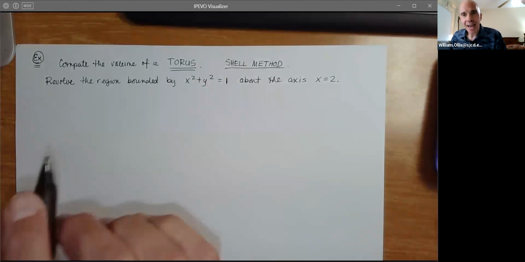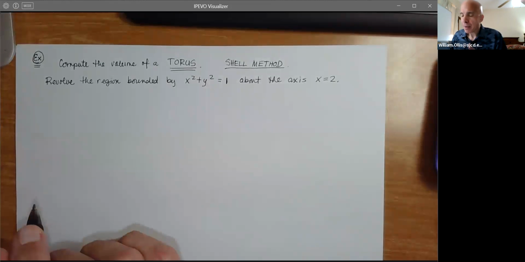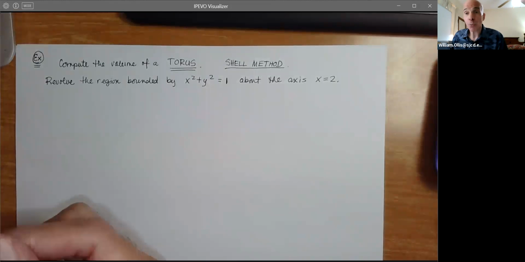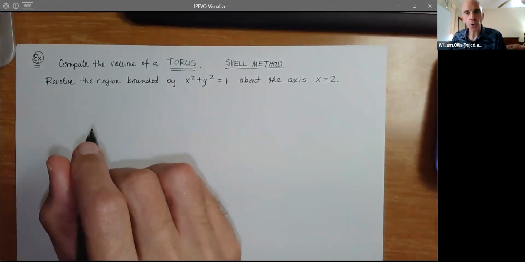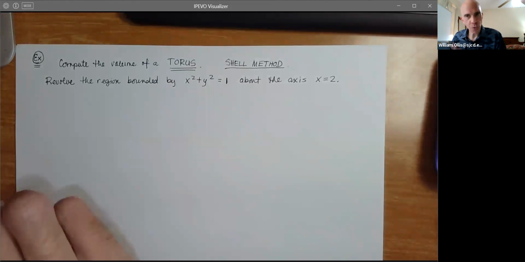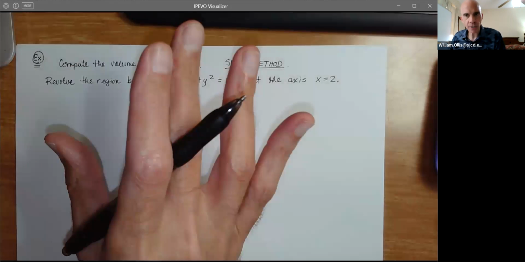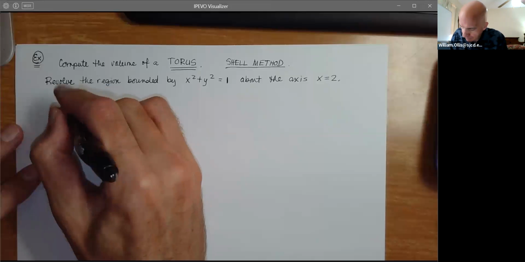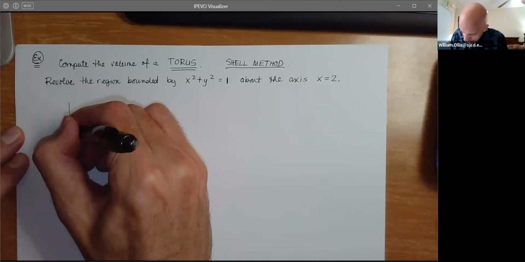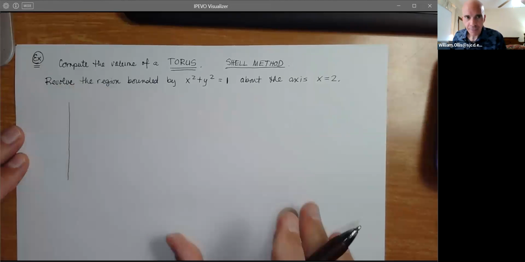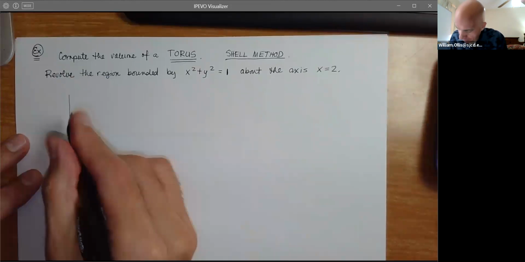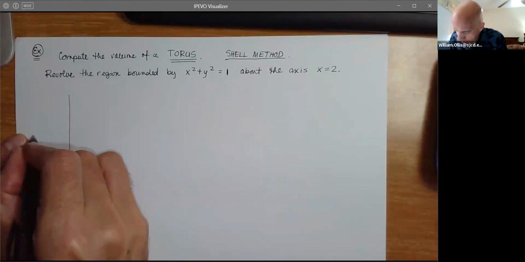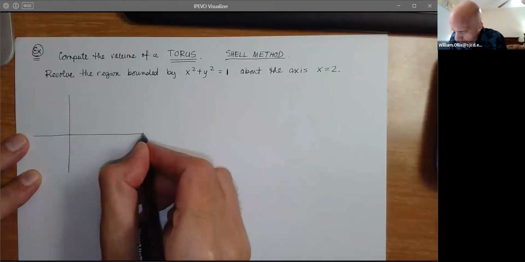So the idea here is that this is almost like thinking about the volume of a ring. We found that the disk method turned out to be very reasonable. It gave us reasonable integrals, lots of notation, but very doable. So now let's get a picture of this. We'll make it a little bit larger, just to spread it out.